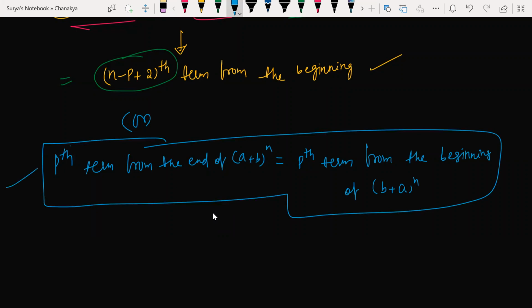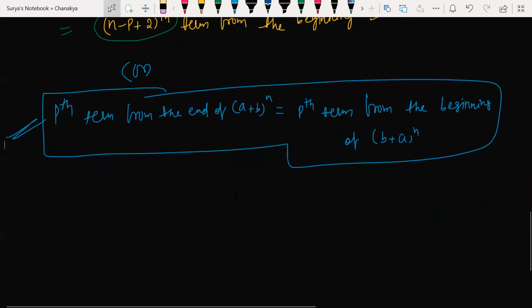Okay guys, this is the formula. Here I have a plus b, we have to write b plus a, the opposite. Then the pth term from the end of this is equal to the pth term from the beginning of this.